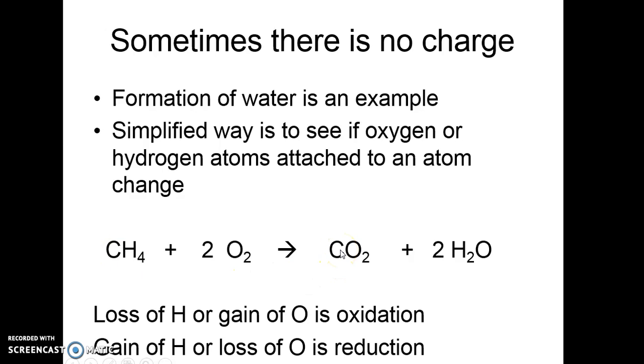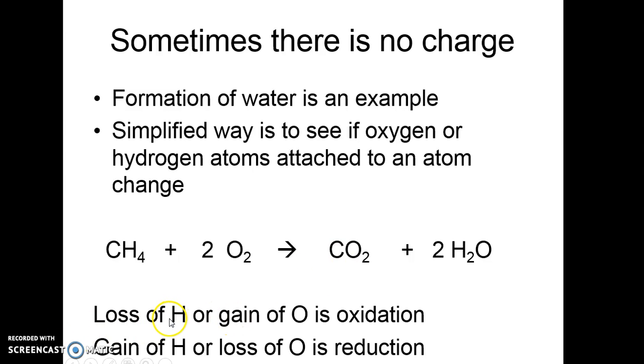If I go from this carbon here to this carbon here, you can see hydrogens were lost. Anytime hydrogens are lost, that is oxidation. When I go from here to here, I can actually see the carbon gains oxygens. Well, that also is oxidation.